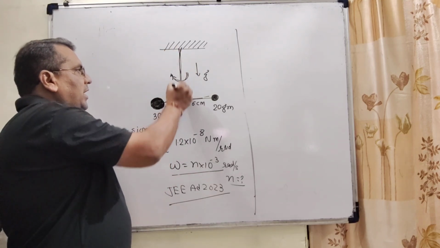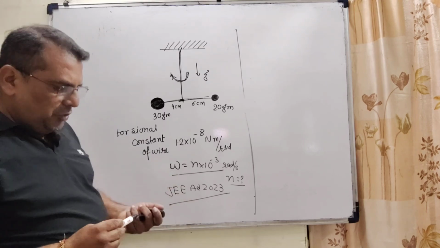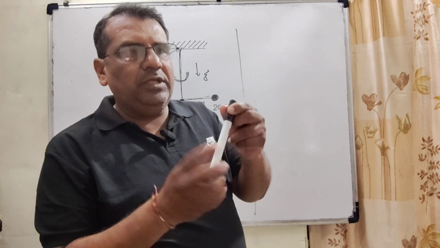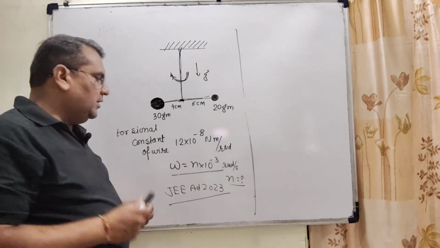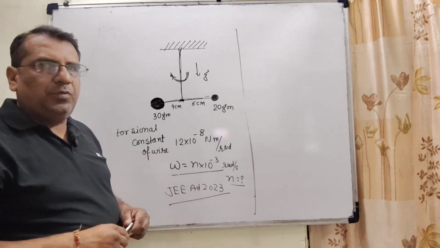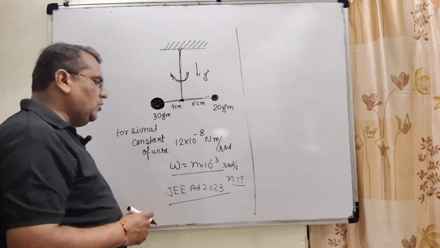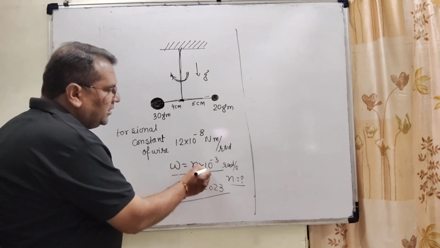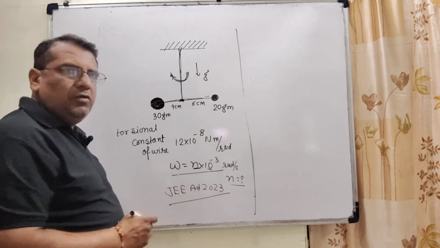When the wire twists, a particular constant arises according to the material of the wire. We have to calculate the angular frequency omega = n × 10^-3, where n is the coefficient and 10^-3 is the order, so we only have to calculate the value of n.